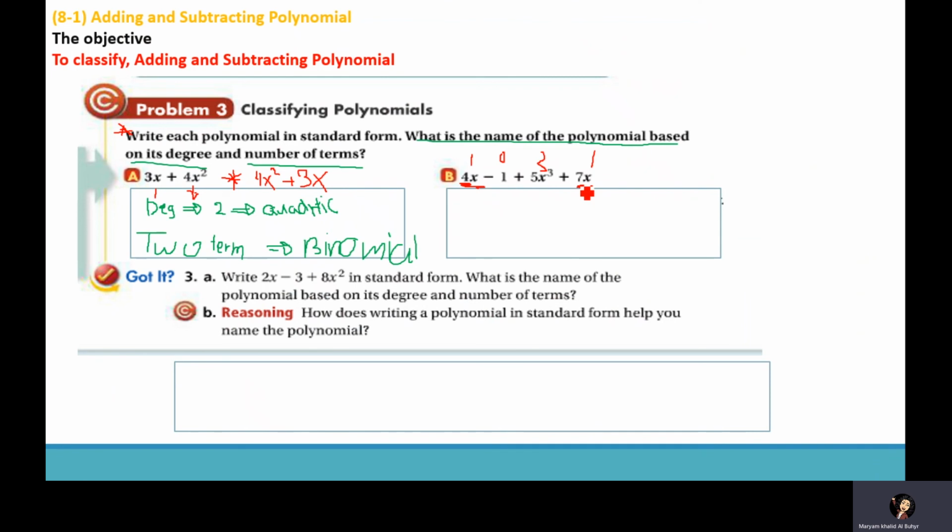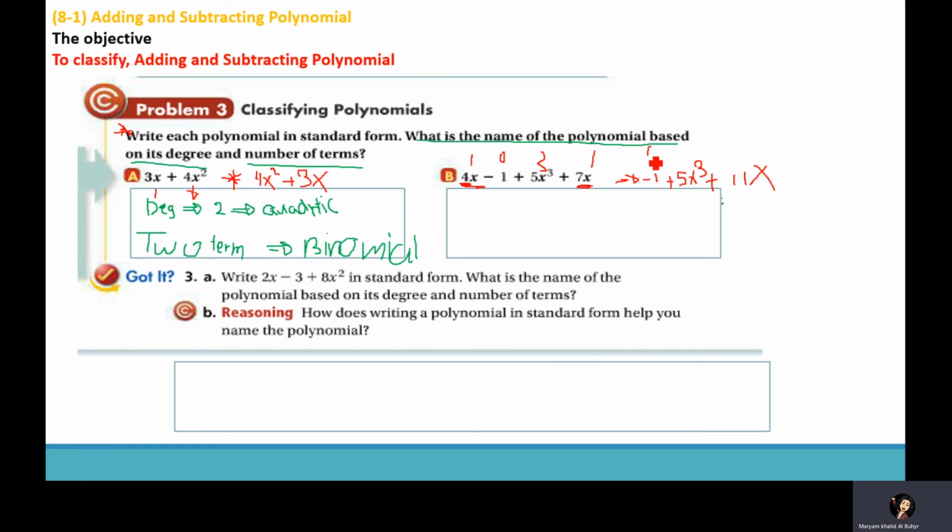So I have 4x and 7x. Let me rewrite this again: minus 1 plus 5x to the power 3 plus 4 plus 7, it's 11x, because these are like terms.